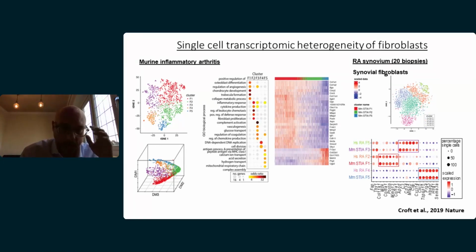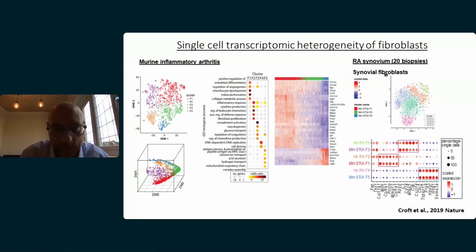You can see that projected across a pseudotime trajectory analysis here: in the deeper sublining, you see them enriched for genes associated with immunoregulation, as opposed to the lining layer fibroblasts, where you see them enriched for production of matrix metalloproteinases, for example, which break down cartilage and bone.